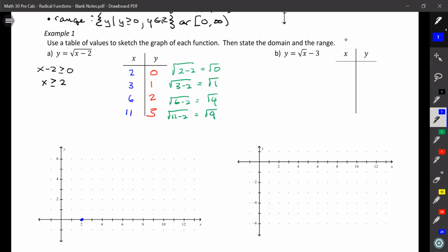The next one is at 3, 1, 6, 2, and 11, 3, and we draw our graph.